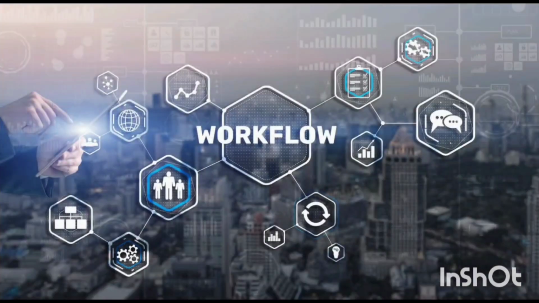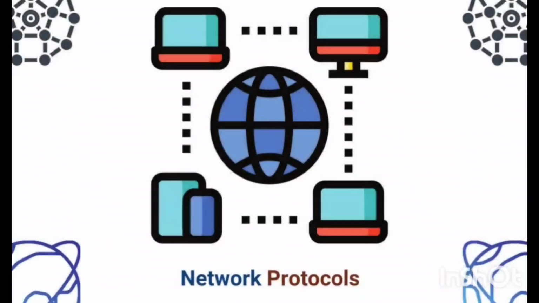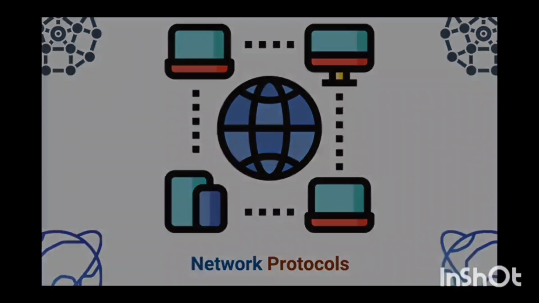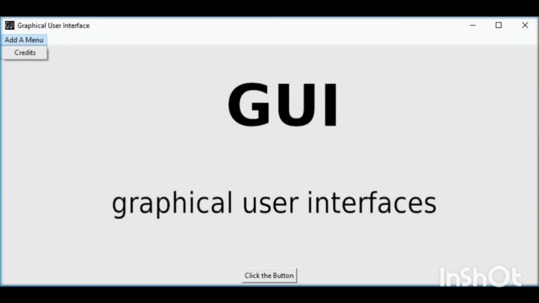Okay, how about workflow systems like an order processing system? How about protocol handling? We want to manage protocol states. How about graphical user interface applications? The buttons and checkboxes might be enabled or disabled.